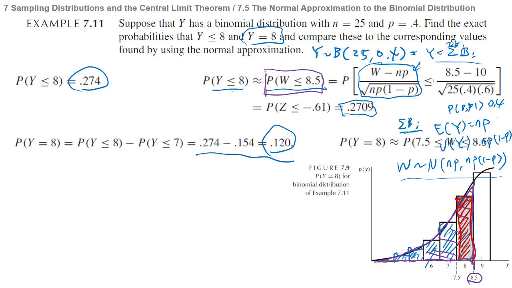So this red rectangle can be approximated by integrating the normal curve from 7.5 to 8.5. I will skip the detailed calculation for this case, and you can try it yourself and compare the value from the normal approximation to this, and they should be very similar, as also written in the textbook.